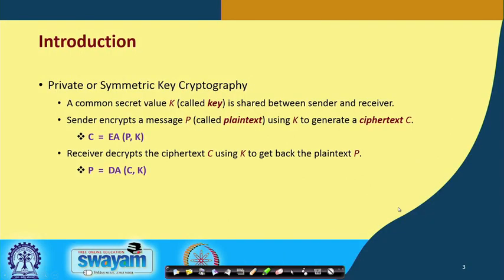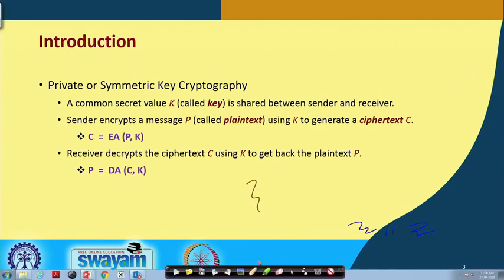Now, talking about private or symmetric key cryptography, the basic concept is like this. Well, I have a message P that I want to transmit. This message P in cryptographic terminology is called a plain text. Now, what I try to do?